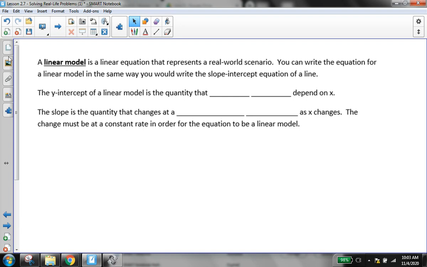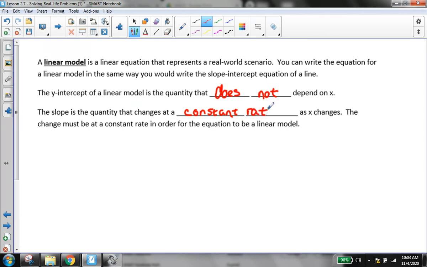So let's write that down. The slope is the quantity that changes at a constant rate as x changes.